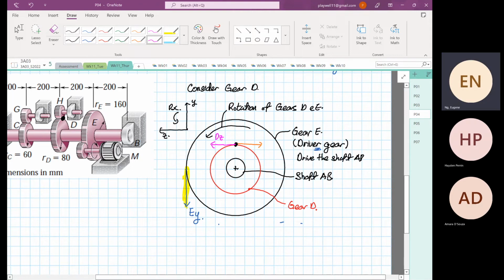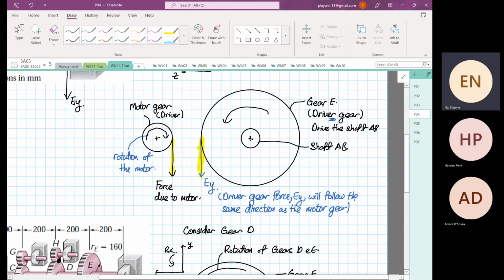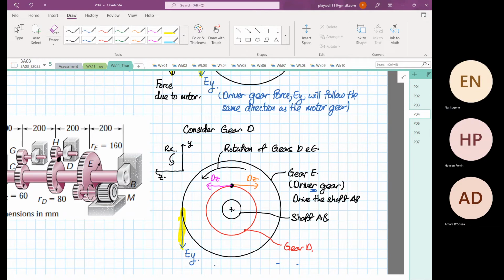Or is it your DZ in orange? Right? And if you think about it, okay, if you apply the rule that is the above one, right, you tend to assume that EY and DZ are in the same direction. And that's wrong. Okay. Why that is wrong?